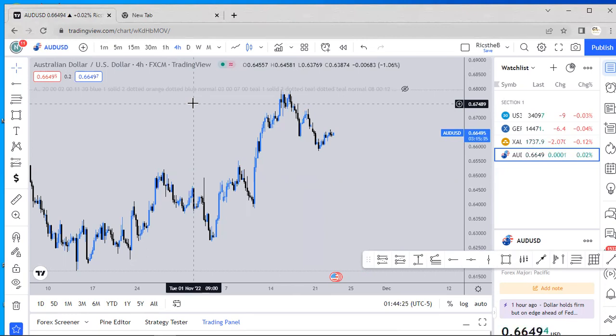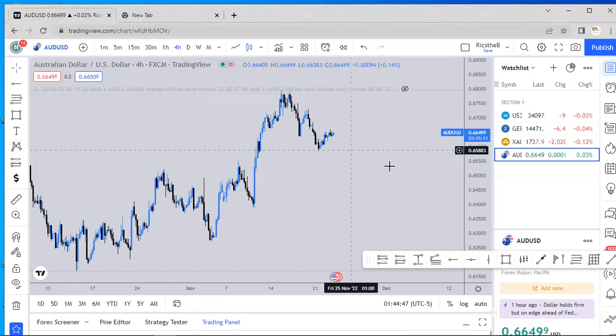The market movers will always use even support and resistance and all that. These are mostly used to create liquidity. And liquidity basically, I want to define liquidity as stop losses.